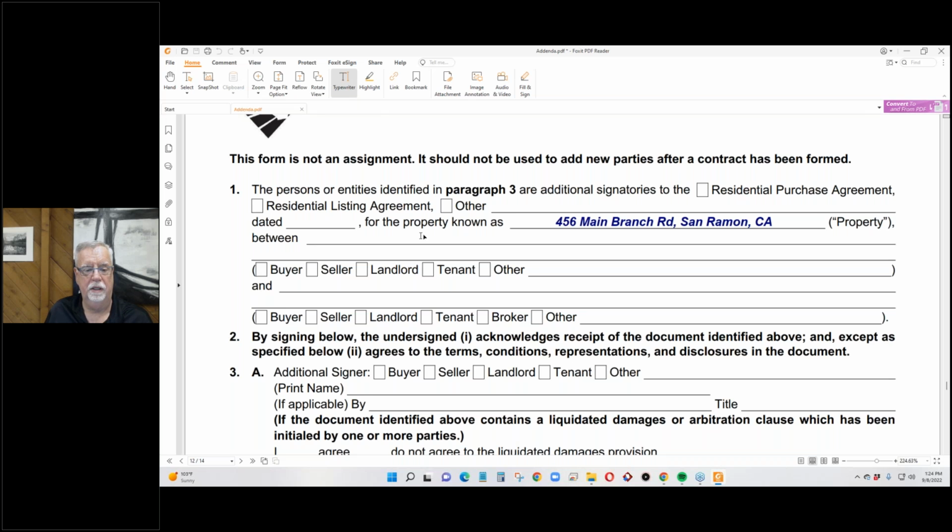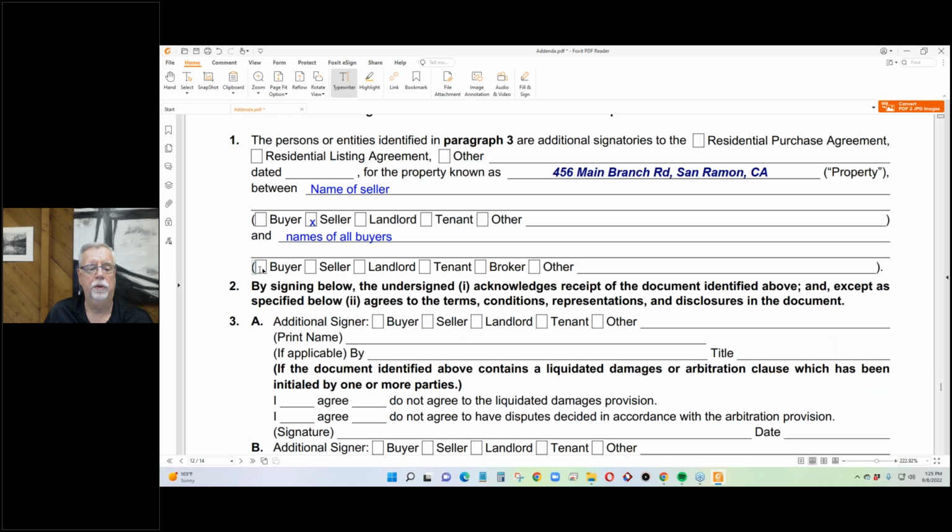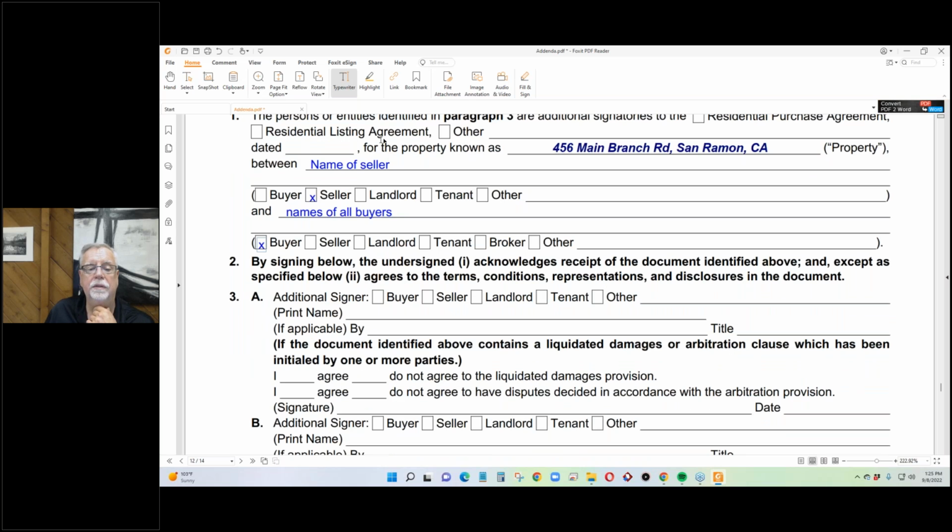This is the name of seller, and we would check the box and names of all buyers, right? And we would check the box. And then what we're going to do is, and by the way, if there's 4, right now, all of the buyers that have already signed go up there. Let me do this better.